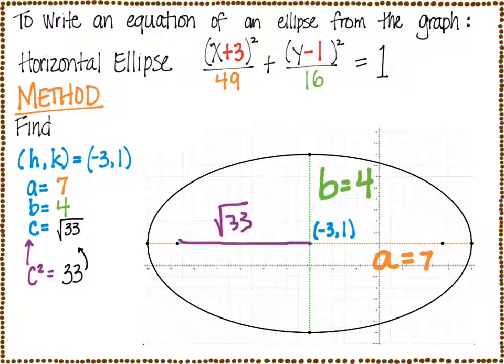And so this c, this distance to the foci, is the square root of 33 units long. So to find this focus, we would do negative 3 minus the square root of 33, comma 1, and then to find the other focus right here, we would do negative 3 plus the square root of 33, comma 1.